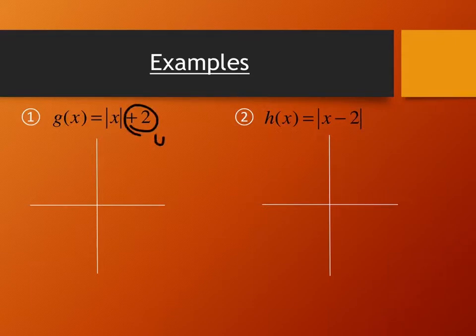The 2 at the end tells me I'm going to move it up 2. So instead of being at the origin as my corner point, my starting point, we're going to shift that point up 2. So there's my dot. Then the absolute value equation moves to the right one and up one, and then to the left one and up one. Then we're going to connect those to make my V shape.